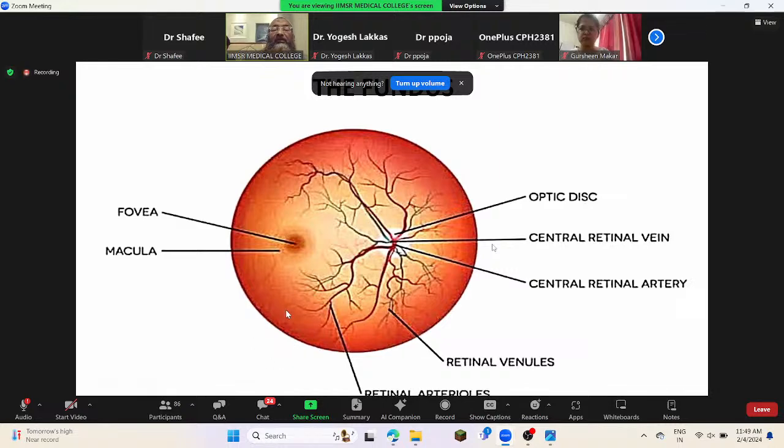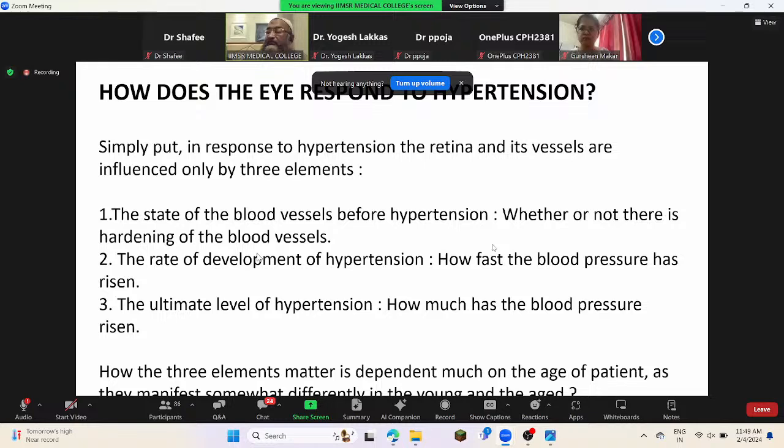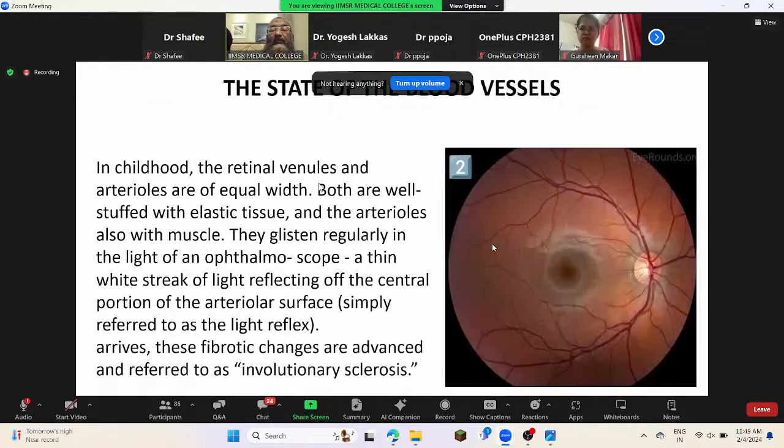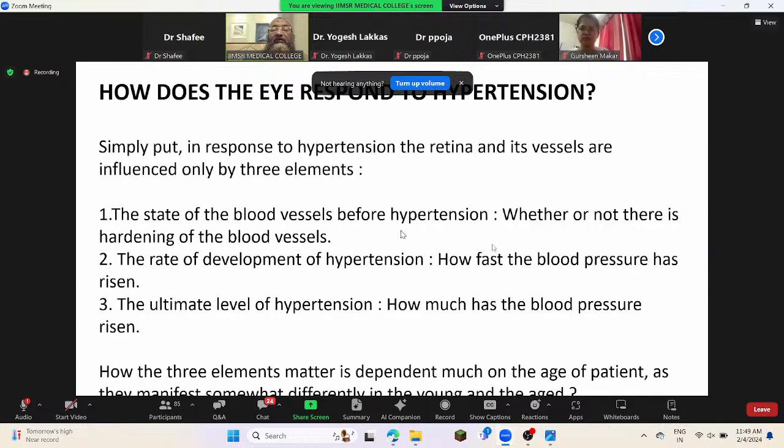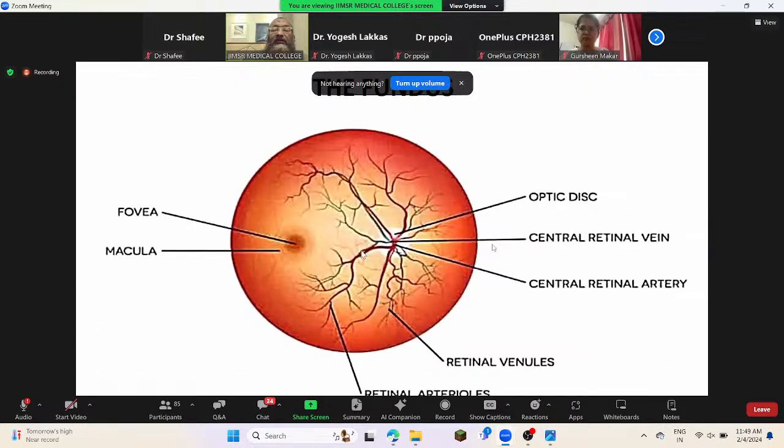Primarily these changes are in the optic nerve, the central retinal artery, the central retinal vein, and the macular area. This is where the main drama of the hypertension unfolds.